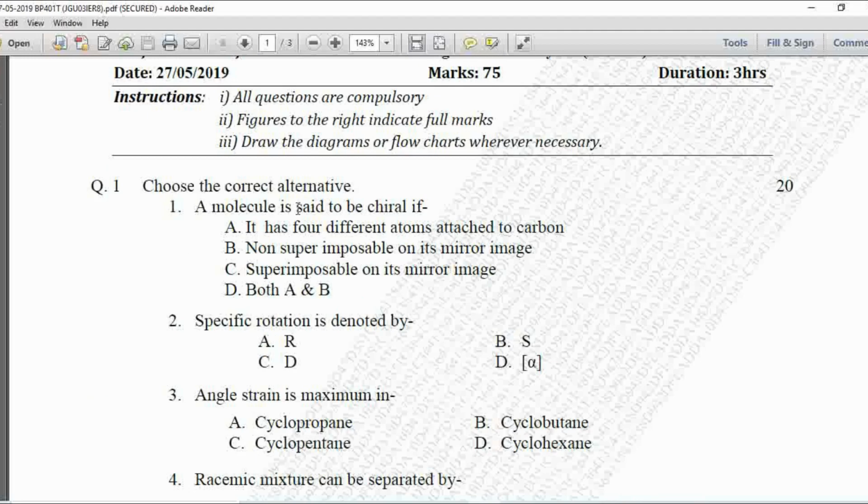So here you can see the question number 1, that is choose the correct alternative.